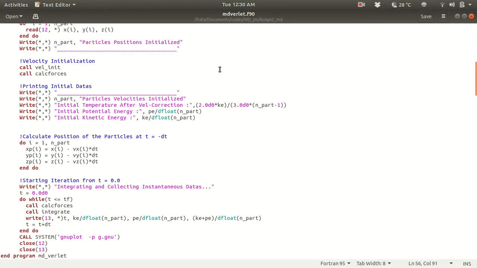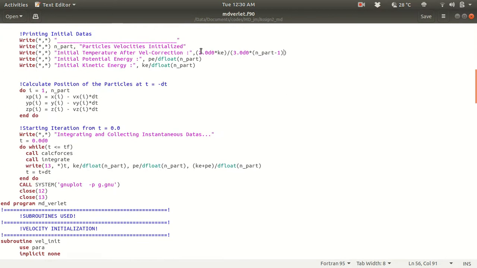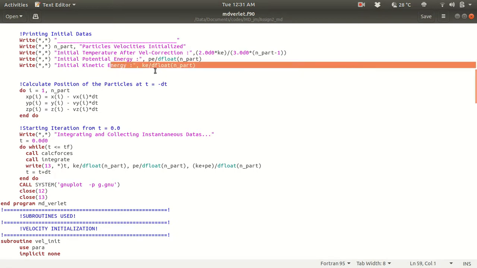So you will see that it will be basically equal to 0.728, and from this correction also. So from that we will be sure that our initial velocities are at the temperature which we have supplied, which is 0.728 initially. After that it will fluctuate around some value. The initial potential energy and initial kinetic energy I have also calculated.